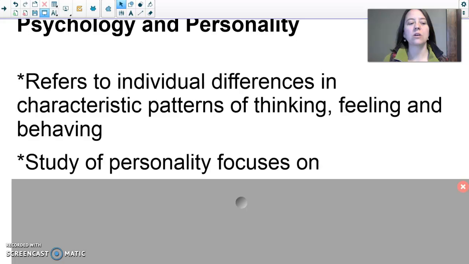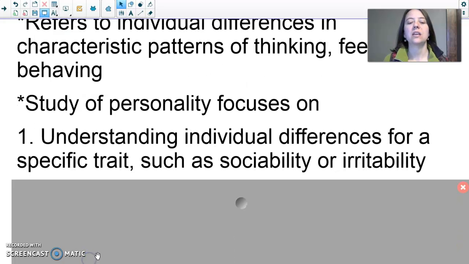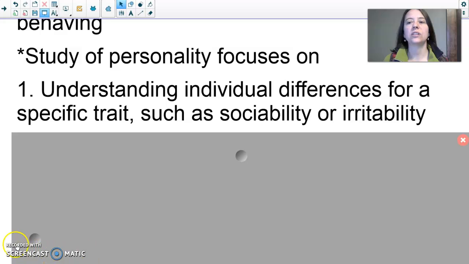And when we're talking about the study of personality in psychology, it will focus on one of two things. Either understanding individual differences for a specific trait, such as sociability and why people are different on their sociability spectrum, or something like irritability and why there are personal differences with that trait.